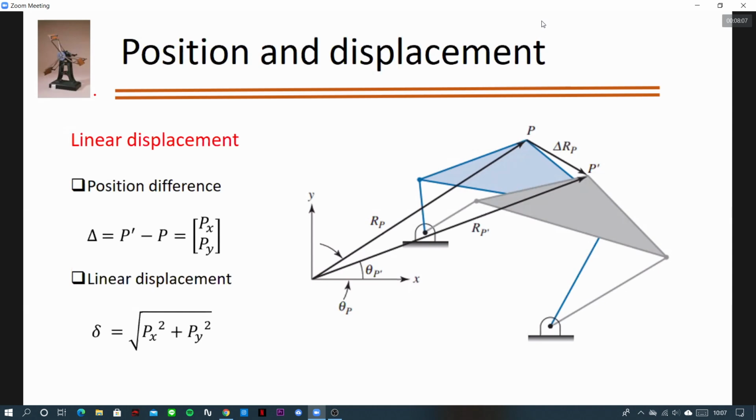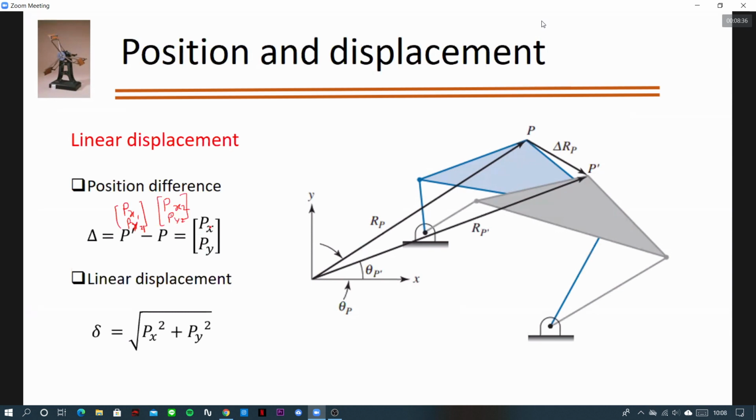So let's say the old location is some px1 and py1, and the new location is some px2 and py2. Okay, so the difference of those will give you the coordinates of your new location.